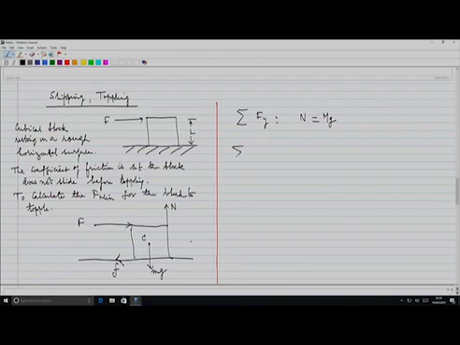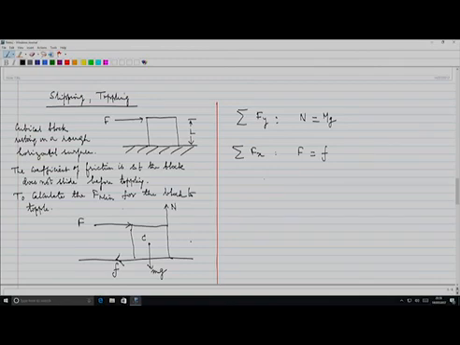Similarly, when I consider all the forces acting along the x direction, the horizontal force is capital F. This must be balanced by the frictional force. That's it.